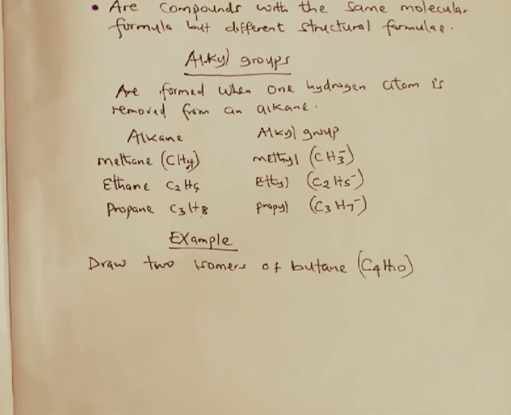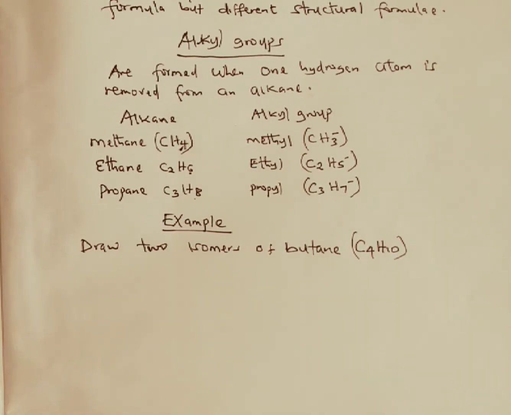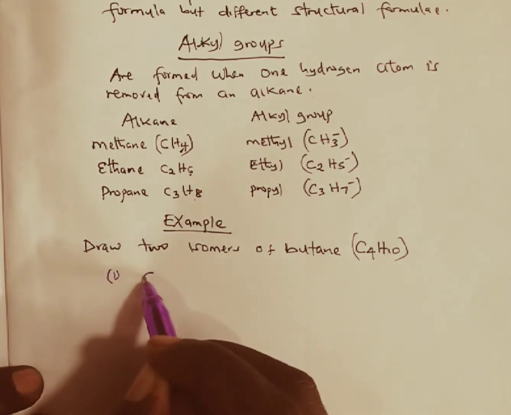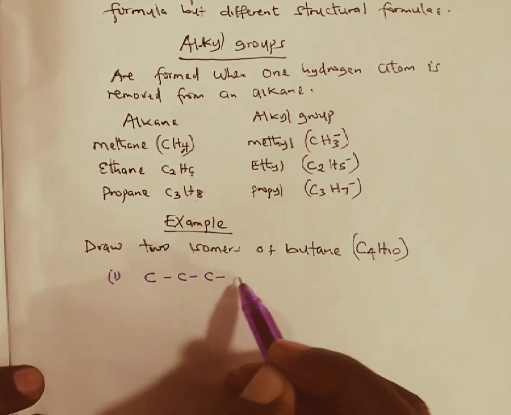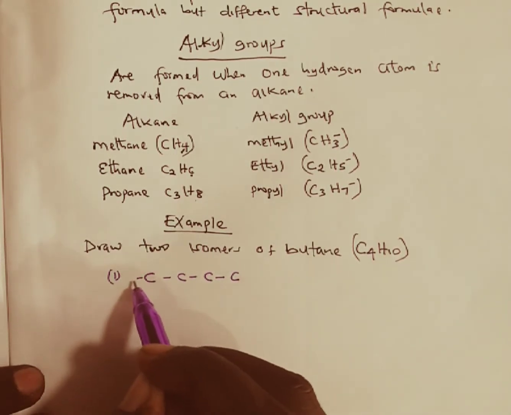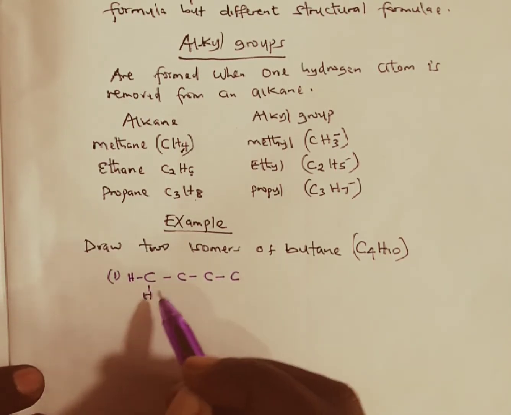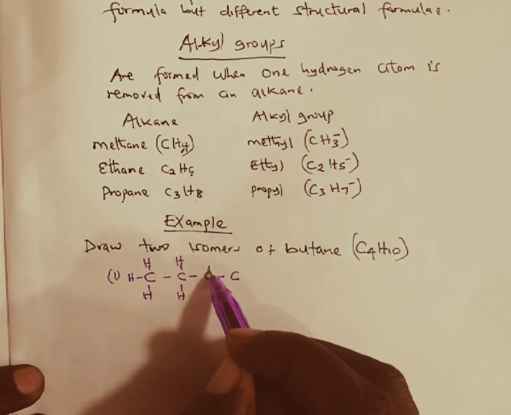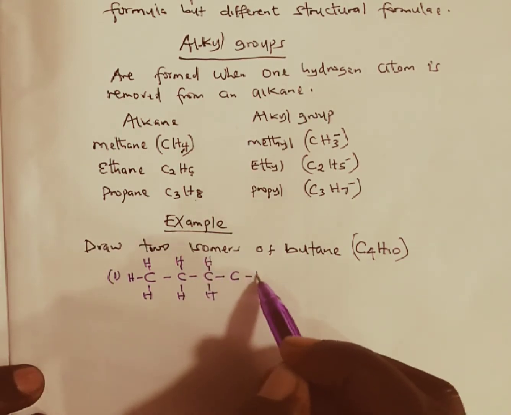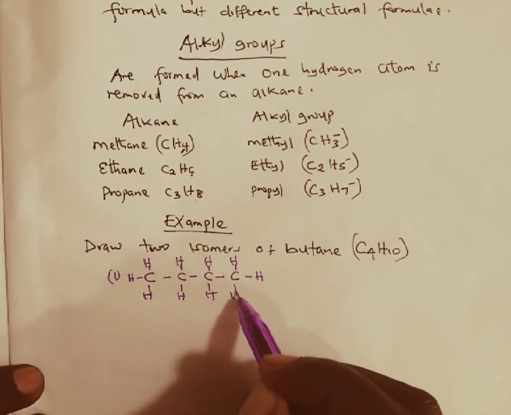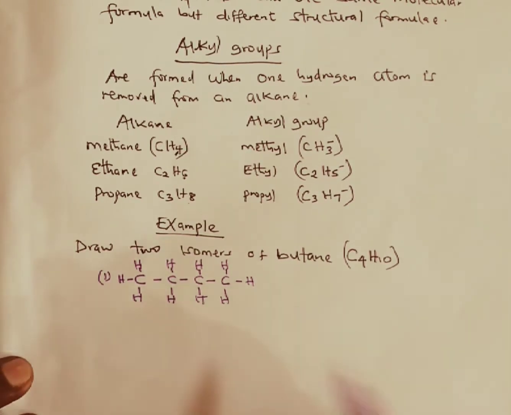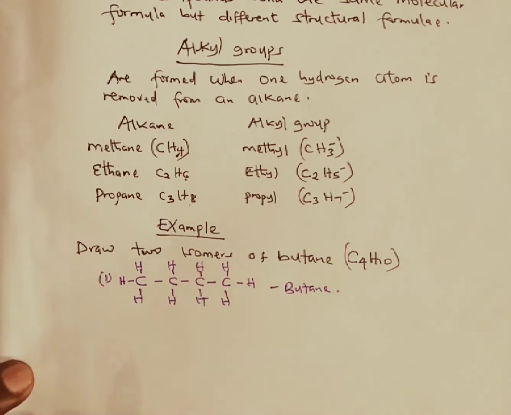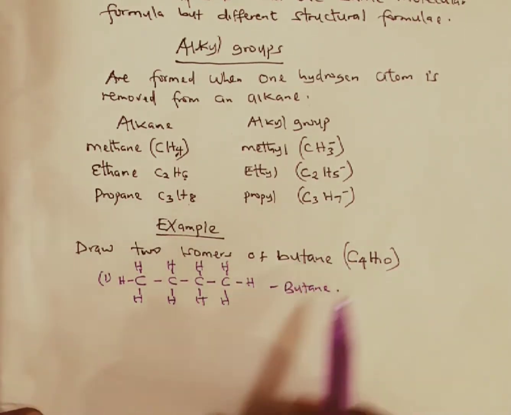So for us to draw two isomers of butane, the first one must be drawn the way it is, that is 4 carbon atoms. Then we feed in the number of hydrogen atoms like we did in our previous discussion. So in this case, the name is going to be butane. So the first isomer is always drawn the way it is.